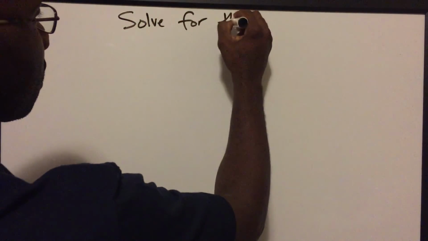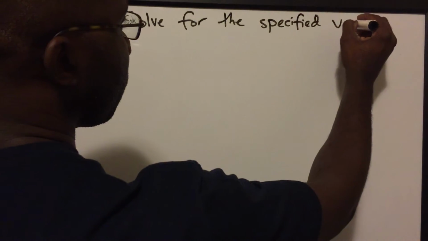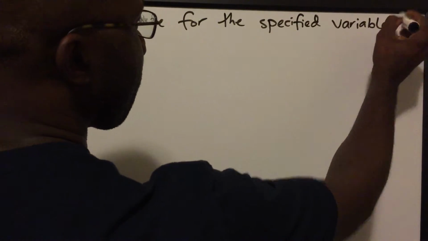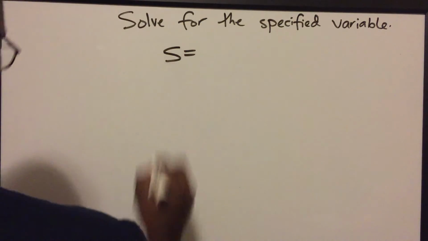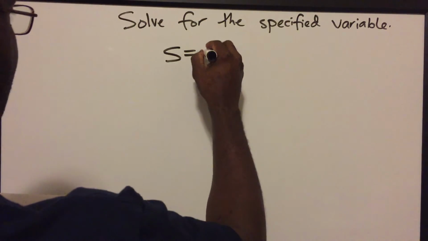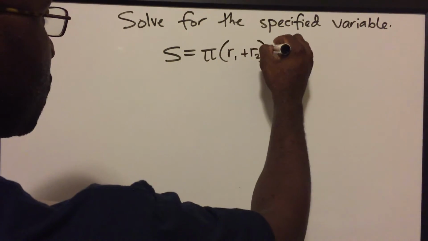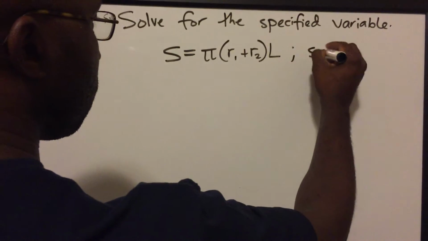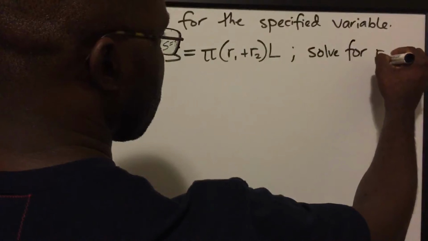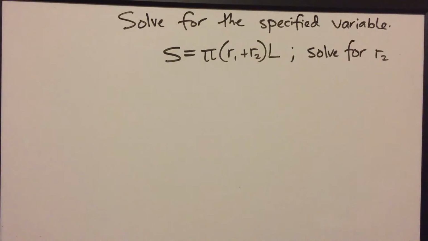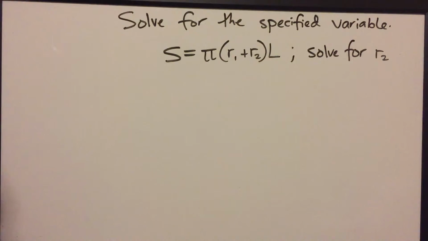For this one, we have S is equal to pi R1 plus R2 L. It wants you to solve for R2. We cannot break both of these up and just pull R2 out, because they're together.